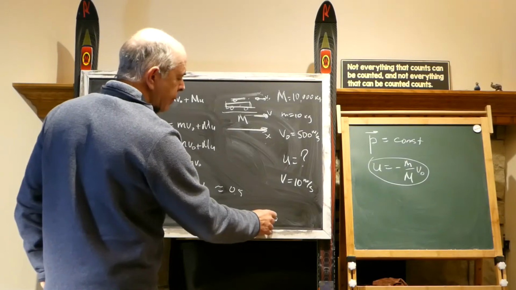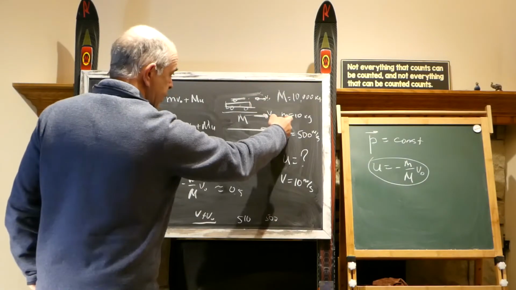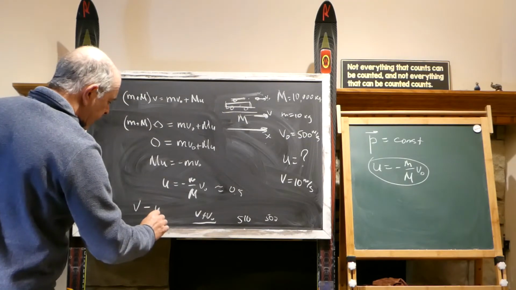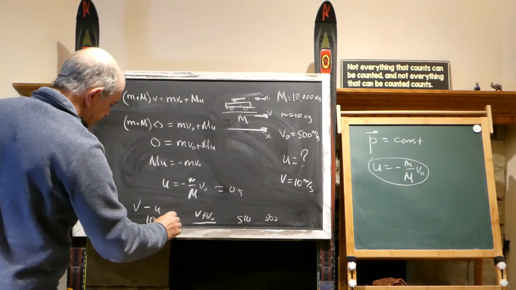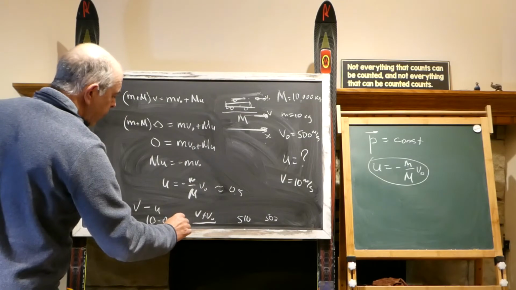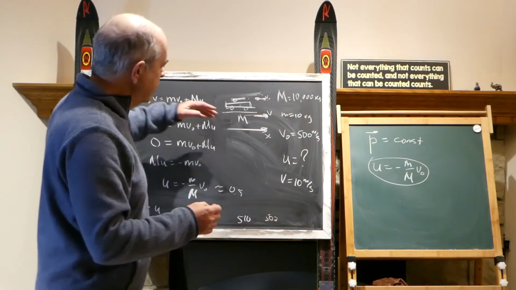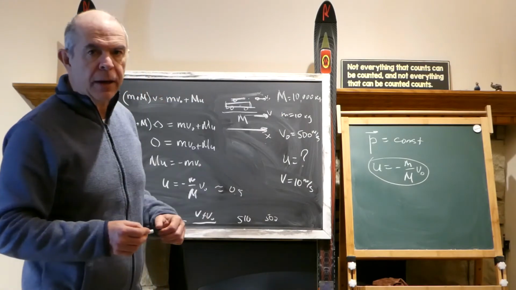So 510 minus 500 was important for this small mass, but for this mass v is 10 and u is 0.5, and that's 9.5. It's a noticeable degradation of speed if it's moving this way, right?